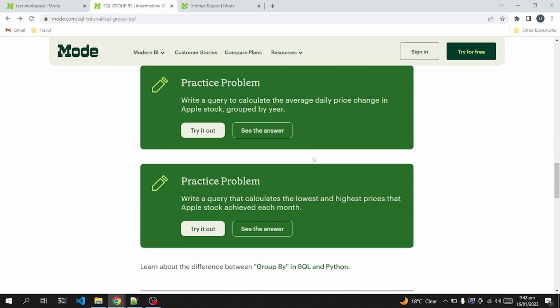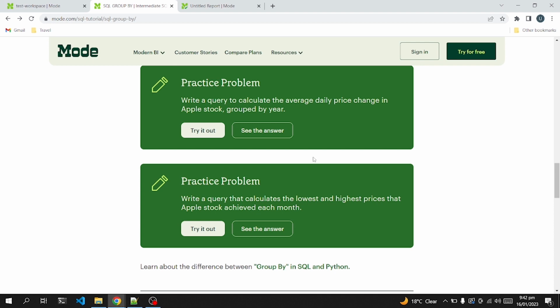In this problem, we have to write a query that calculates the average daily price change, which means we have to use average. Since it says daily price change, we have to use both close and open rates, because that determines the whole price change for each day of that particular stock.